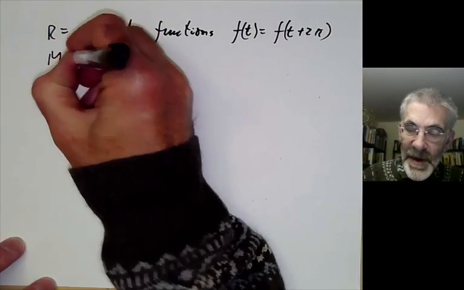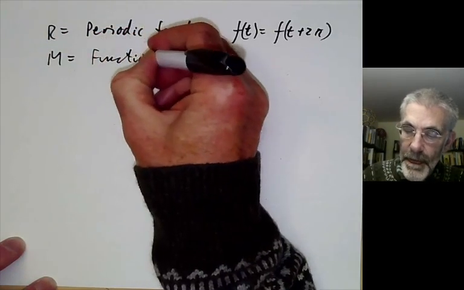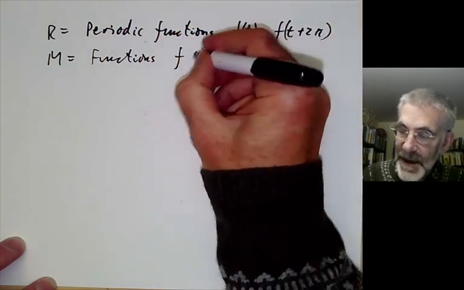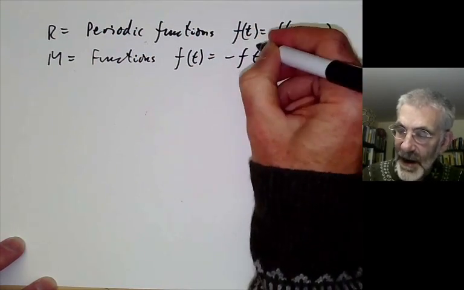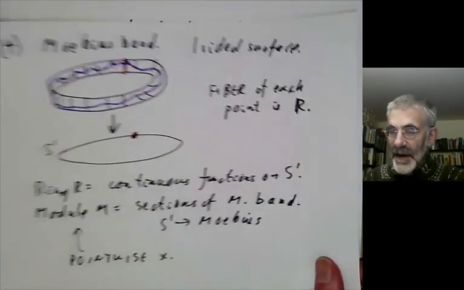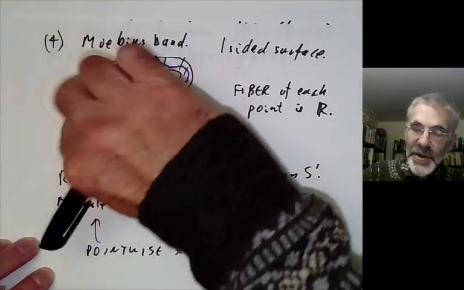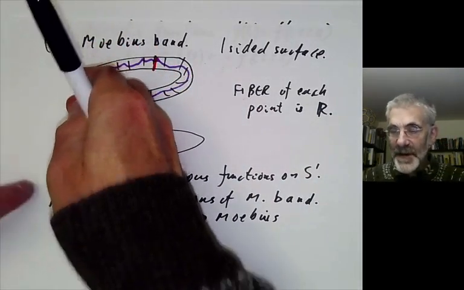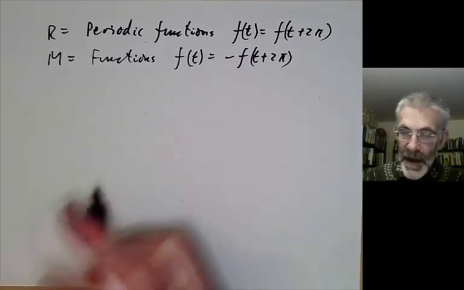And then the Moebius band, or rather its module, is going to be functions with f of t equals minus f of t plus 2 pi. And if you think about it a bit, that's sort of the same as the thing I defined earlier. You can think of when you go once round the circle, you're kind of changing the orientation of this vector space, which corresponds to changing the sign of this function.